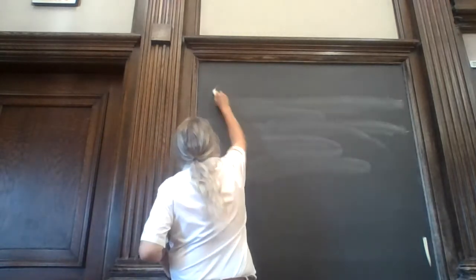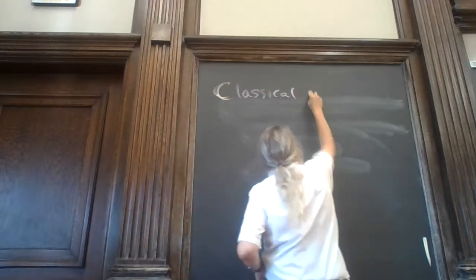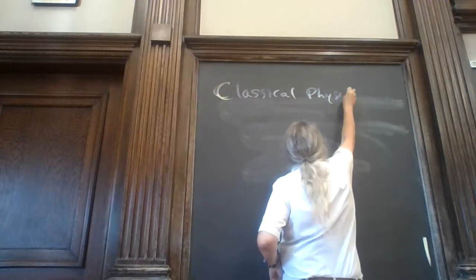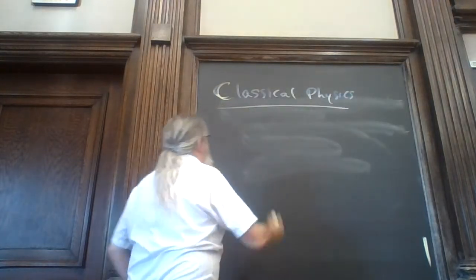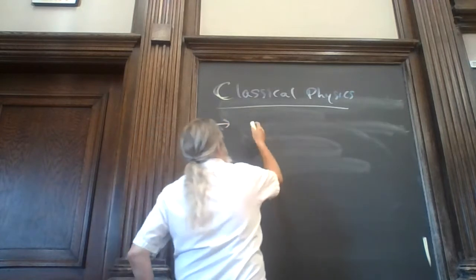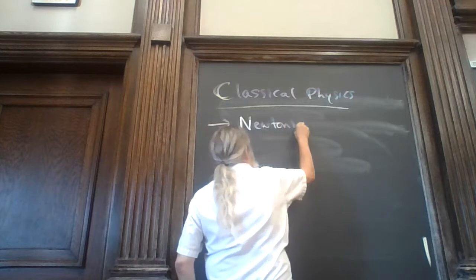So if I say we're going to talk about what's called classical physics, then classical physics falls into two large camps. The first is what we call, at least these days, Newtonian mechanics.